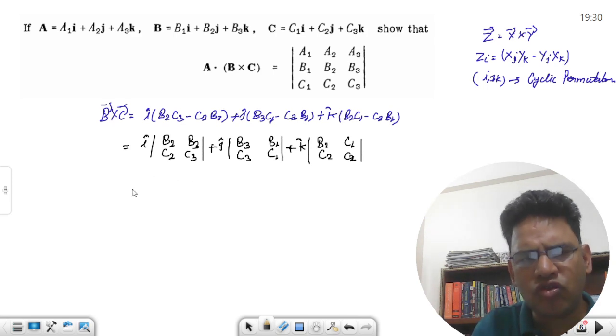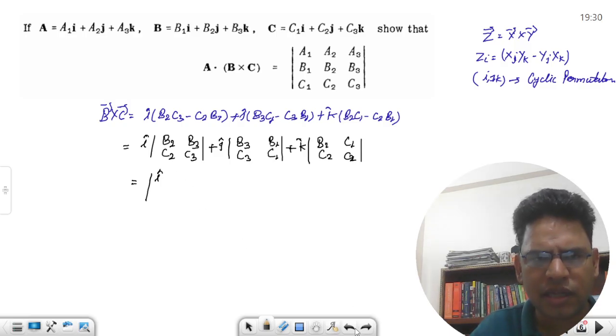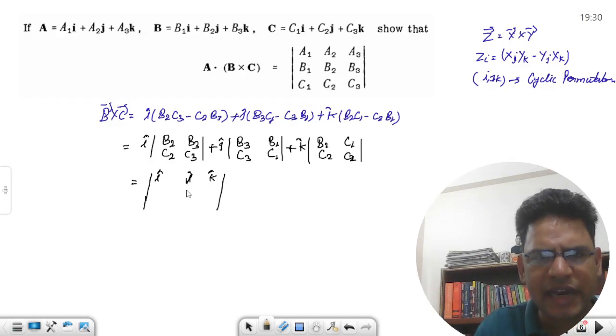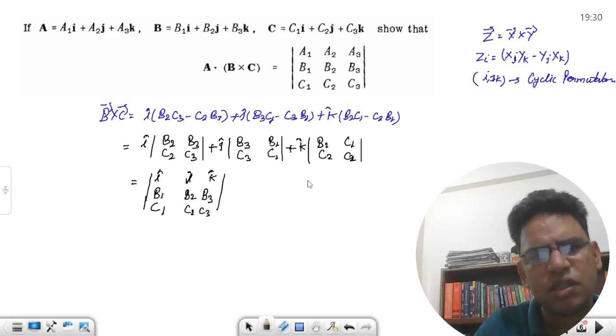And when you want to, you can rewrite them as i, j, k. When you are writing with i, you have to write b2 b3 here and c2 c3 here, and automatically you get a1 or b1, so you are going to get b1 c1.